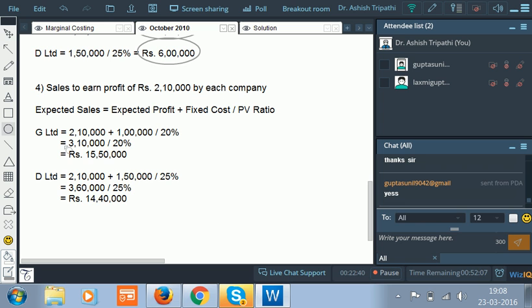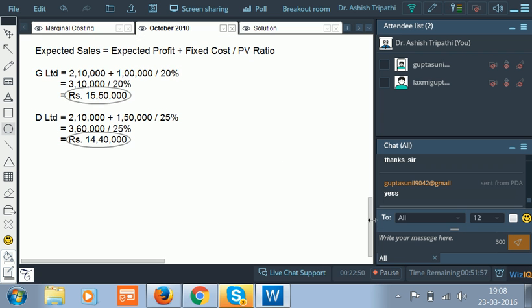So that is how we were able to calculate the expected sales of G Limited as well as of D Limited. So successfully we were able to solve the fourth part also. Now let us try to solve the fifth part.